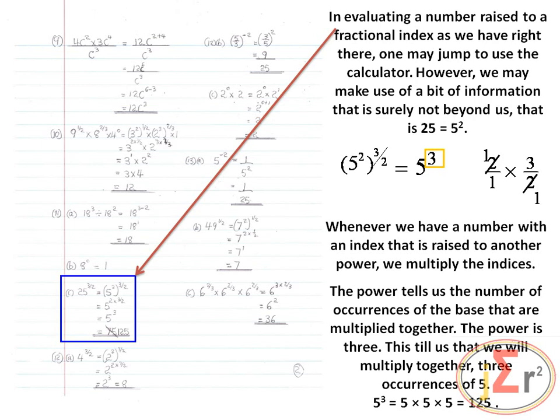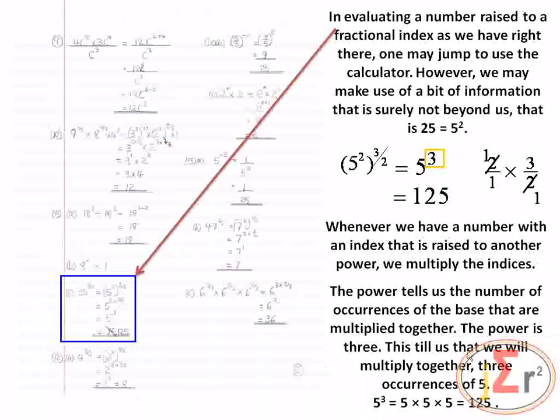It means that we take 3 occurrences of 5: 5, 5, 5. We multiply those together and we end up with 125. 5 times 5, 25. 5 times 25, 125. And that is our answer.